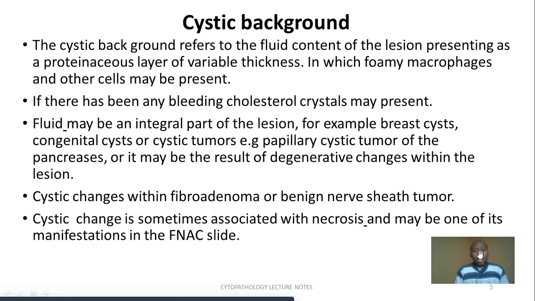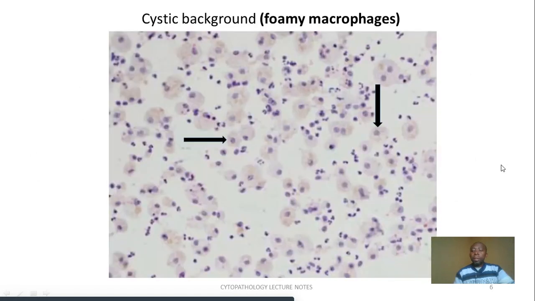So cystic change is sometimes associated with necrosis and may be one of the manifestations in fine needle aspiration cytology slides. So sometimes we may not only see cystic changes specifically, and maybe the foamy macrophages, but in the background you may see some necrotic debris, some signs of necrosis, like having some neutrophils in the background, and some other cells like lymphocytes may also appear.